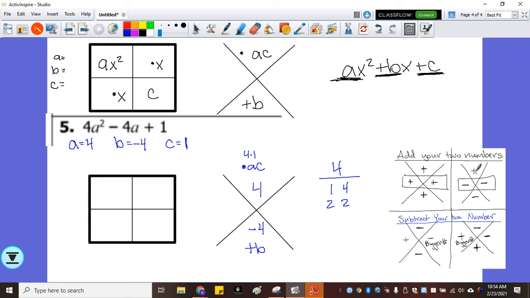So positive on top, negative on bottom, both of them have to be negative. So 2 and 2 add to 4, and both of them have to be negative. -2 plus -2 add to -4.